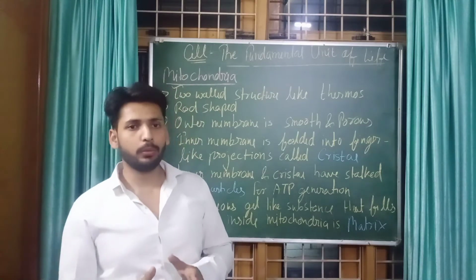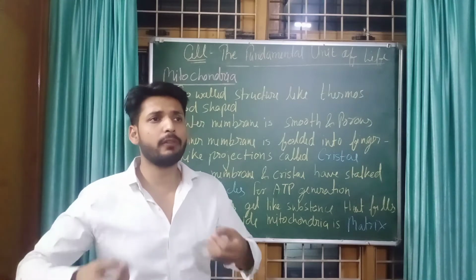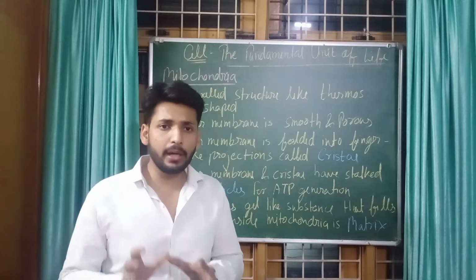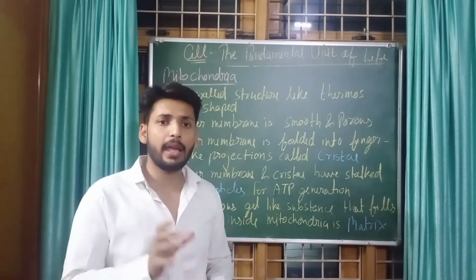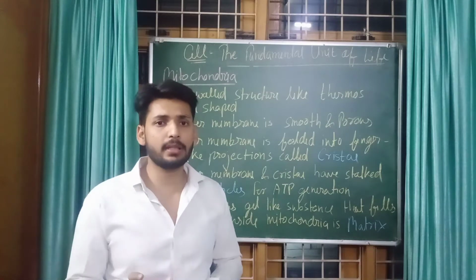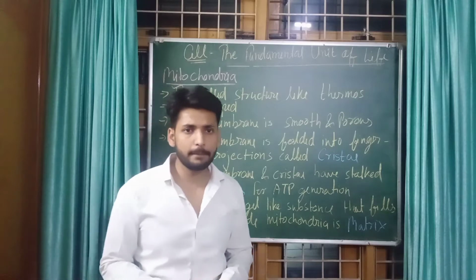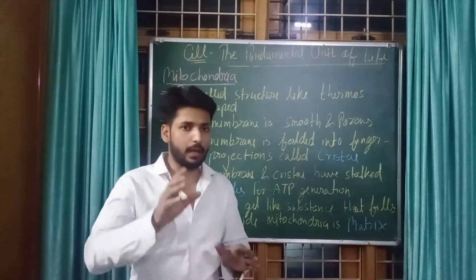Whatever work we do, moving our hand, thinking, the respiration process, or whatever process is going on, everything needs energy. From where does this energy come? This energy comes from ATP only. The ATP energy is utilized to do any kind of work. Got it? And this ATP is produced within the mitochondria.